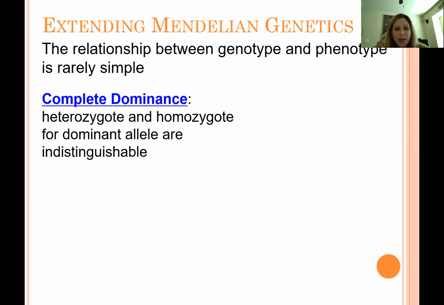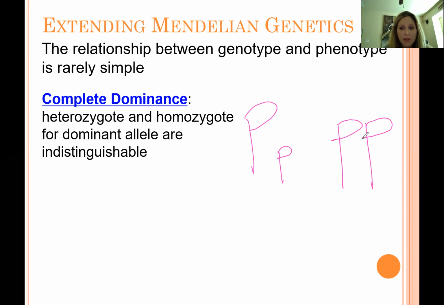So what we've done prior yesterday is we talked about complete dominance. For example, Gregor Mendel has purple flowers and white flowers. If he takes pure purple, crosses it with pure white, you end up with all purple. It doesn't matter if you have big P, little p purple or big P purple.